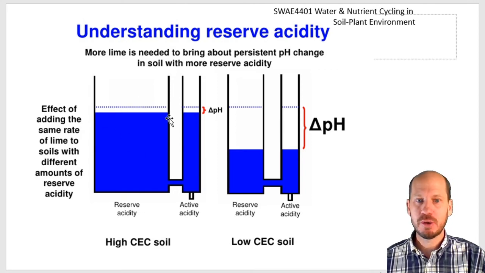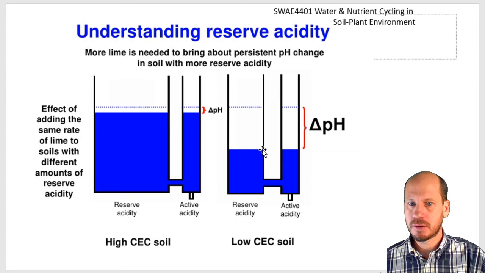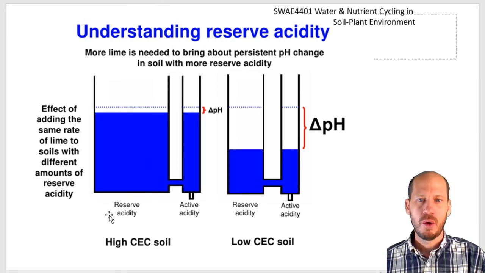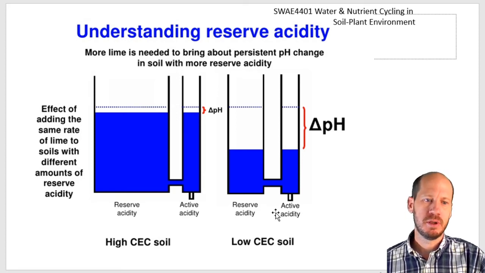If you have a high cation exchange capacity soil, the depletion of the solid phase is small. But if you have a low cation exchange capacity, like sandy soils, the depletion is much higher. So this is the concept of reserve acidity and reserve basicity, but it also serves as an example for you to think about how the soil acts as a reservoir of nutrients for the plants.